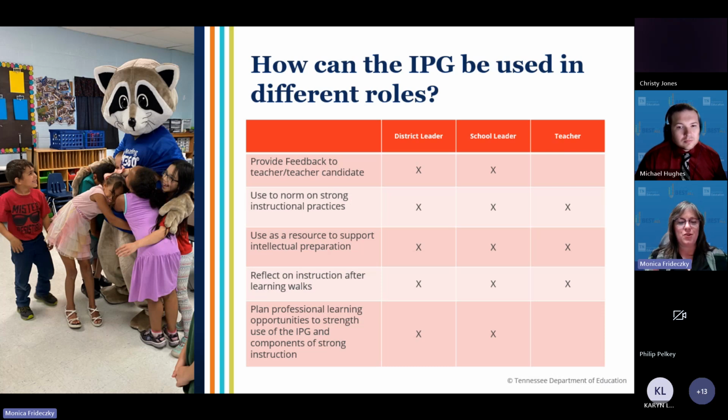Reflection is the teacher's role, but not providing themselves feedback. And then, of course, planning professional learning opportunities using the indicators in the IPG. I'll let you read those when you get access to the slides, so you're not listening to me read them to you.